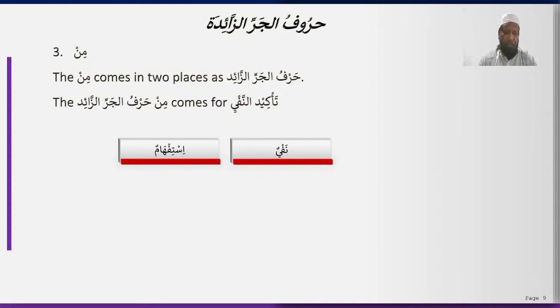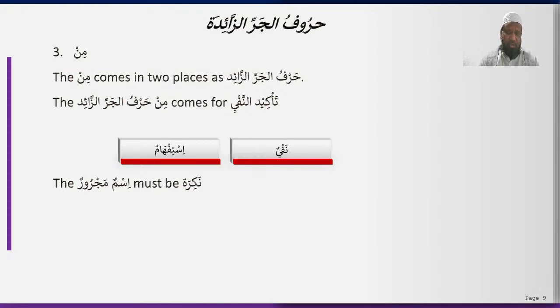The mahal can be mubtada, the mahal can be khabar, the mahal can be fa'il, the mahal can be maf'ulun bihi. Okay, all these. So mahal can be anything, but min only comes after these two, harful nafi and istifham. The ismul majrur must be nakira after the min.